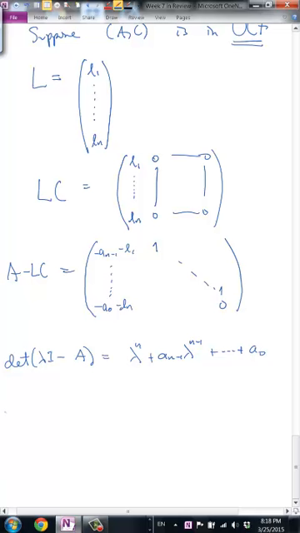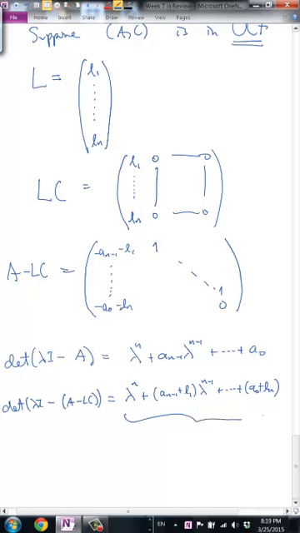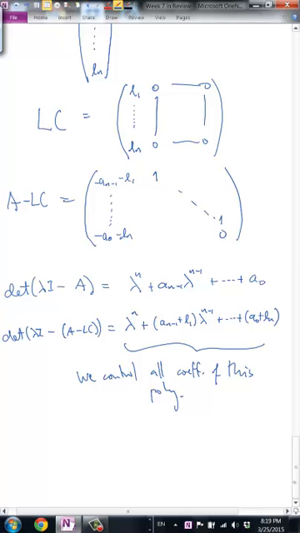So in other words, the characteristic polynomial of A minus LC is just going to be lambda to the n plus (a_{n-1} plus L_1) lambda to the n minus 1, all the way down to a_0 plus L_n.